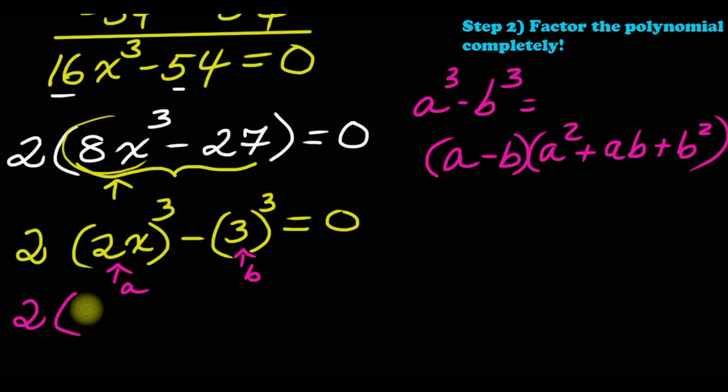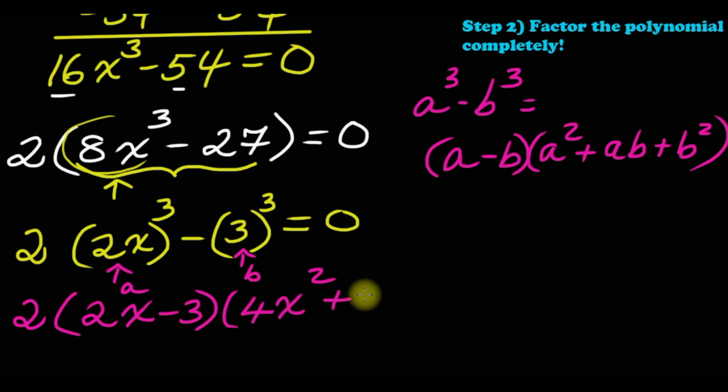A minus b is going to be 2x minus 3. And then a squared, 2x squared, is 4x squared, plus ab, so that's going to be 6x, plus b squared, so that's going to be 9. And then that equals 0. All right, so that is step 2, to factor the polynomial completely. Nothing else we can do to these factors, so we are done factoring.